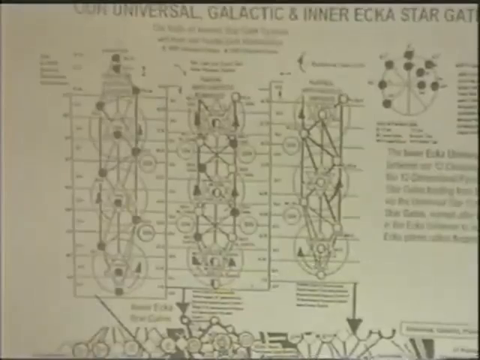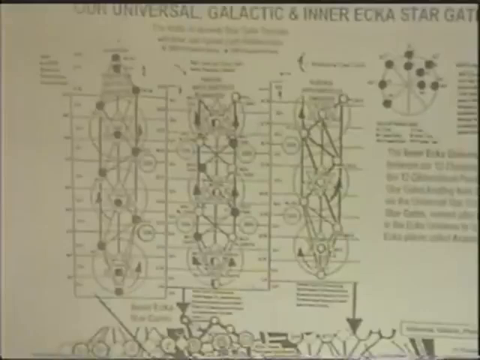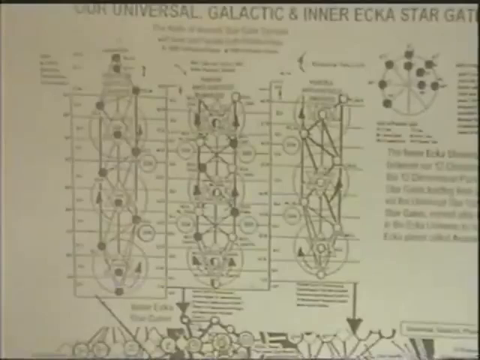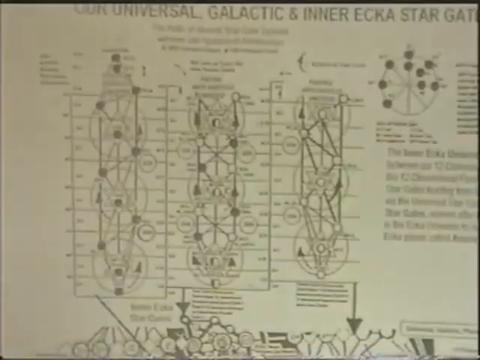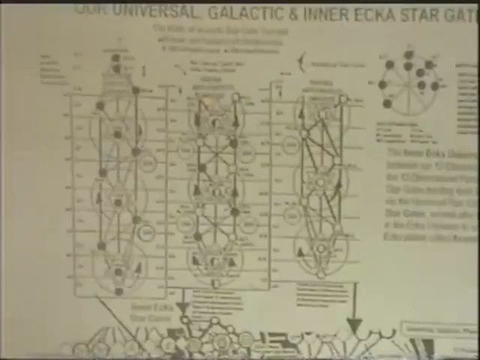If this is the dimension 1 spectrum, look at it, it's halfway in dimension 1 and halfway in the dimension 2 spectrum of inner Earth. The purpose of this graph is to show you, with the gate systems that run through each one, our universal, the parallel universal, and the inner Eka one, there's a frequency offset between each one of them.